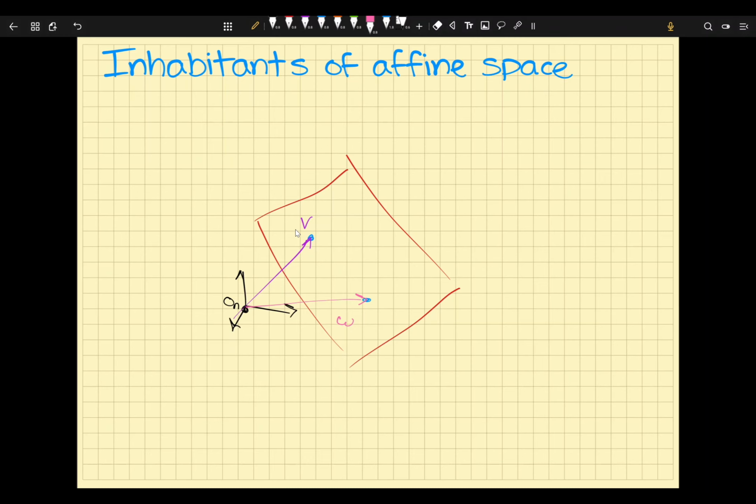If I take w and add it to v, so something like this, this vector is going to be v plus w. What you're supposed to be seeing, though it's maybe hard to see with my drawing, is that v plus w no longer lives in the affine subspace.